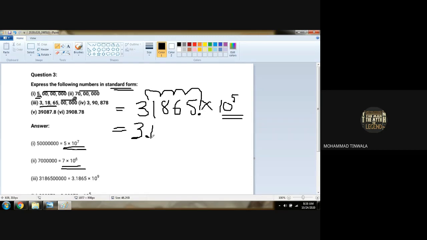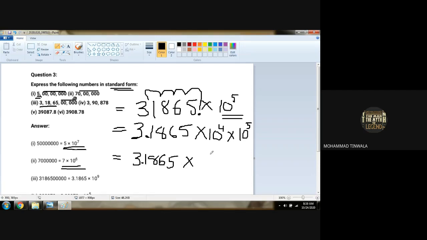3 ની પાછળ લેવું છે, તો 4 steps left hand side move કરવું પડશે કે નહીં? Yes. So 4 step કર્યું તો there should be 10 raised to the power 4 also. 4 steps એટલે 4 0 સાથે multiply કરો. Multiply 10 raised to power 5 is given only. સમજ પડી શું કર્યું? 3.1865 as it is.